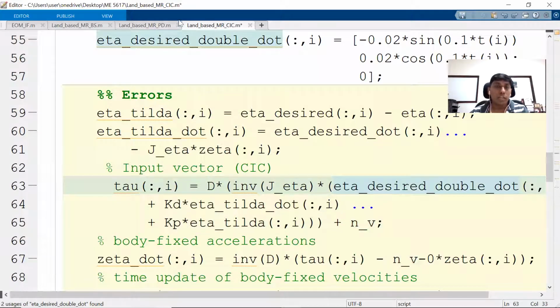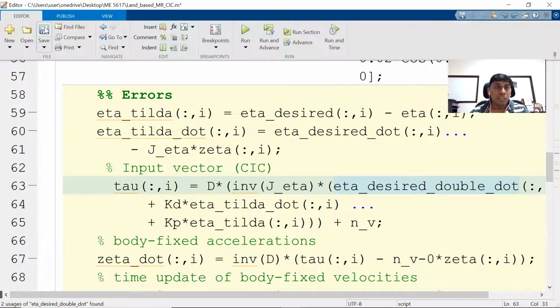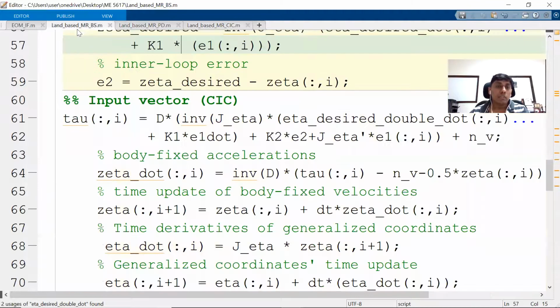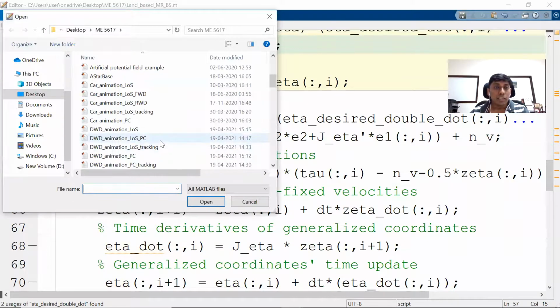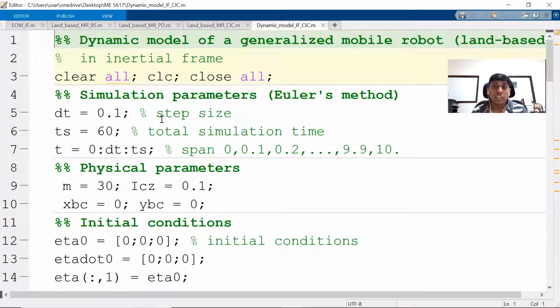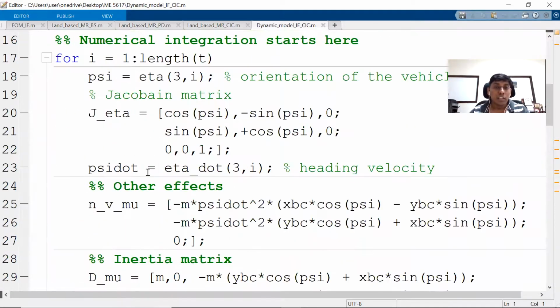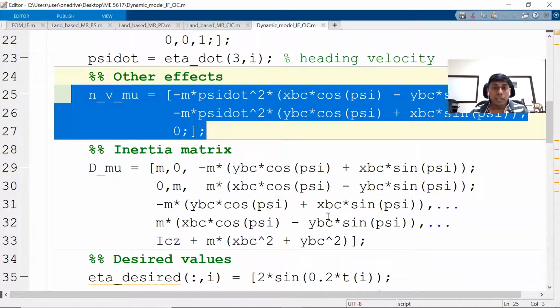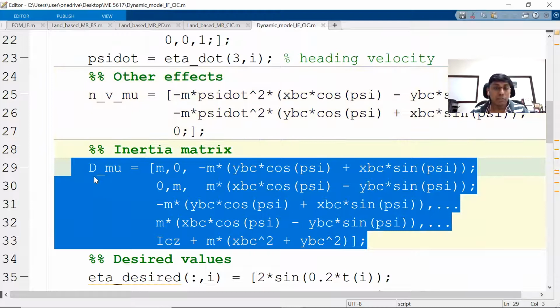So now we will go to the backstepping. So the integral backstepping, before that, I just wanted to show you where the generalized mobile robot model is derived in inertial frame. You can see the n vector and inertia matrix, whatever we derived, we use.